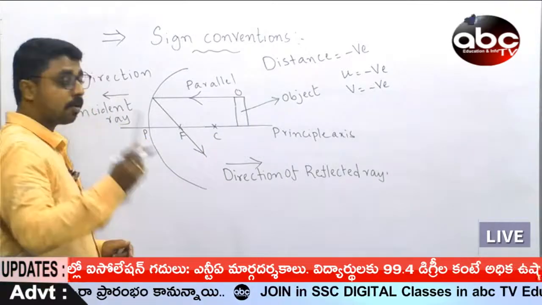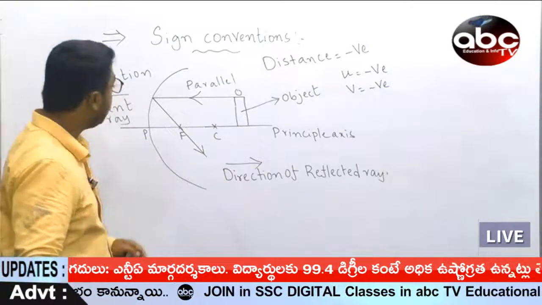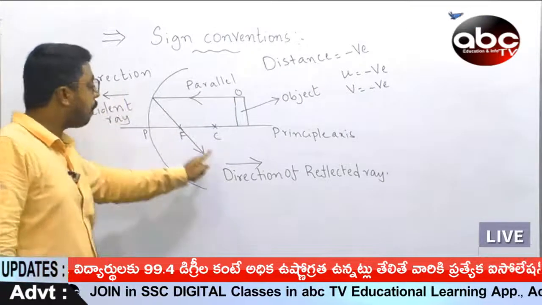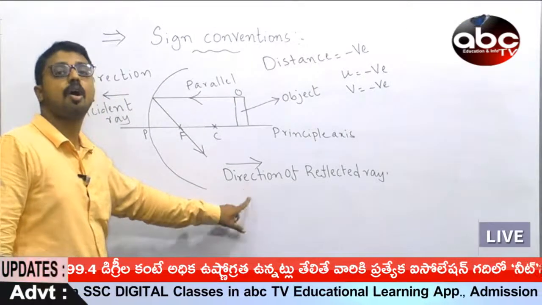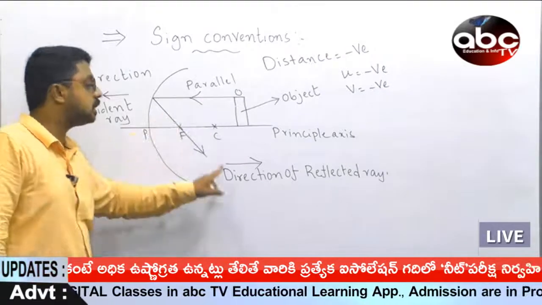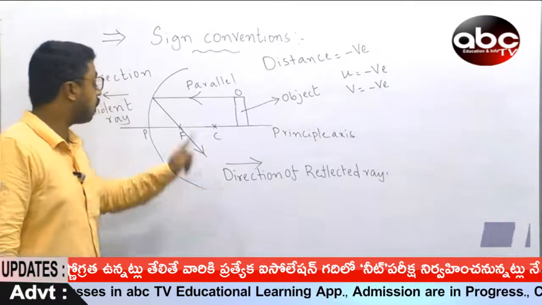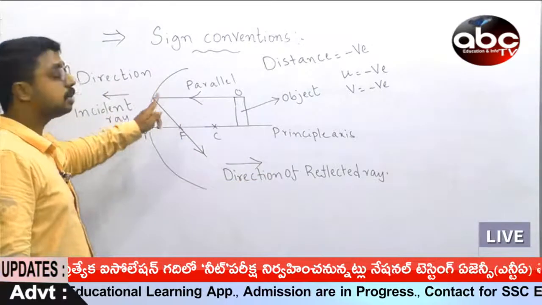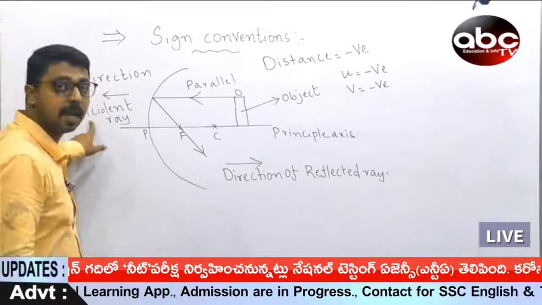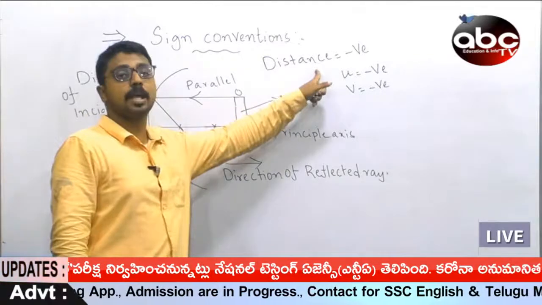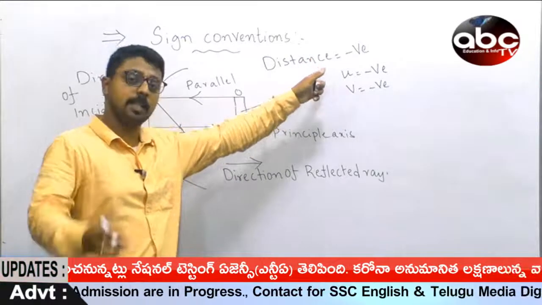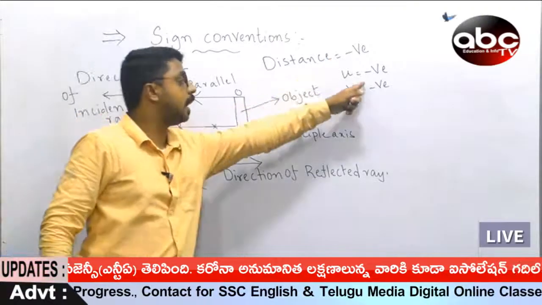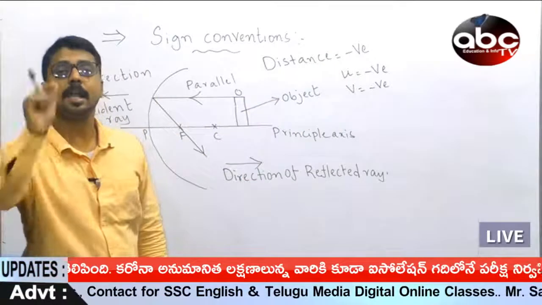But one common thing is that when the reflected light ray is in the opposite direction of the incident light ray, the distances, whether that may be u, v, f or r, are taken as negative.